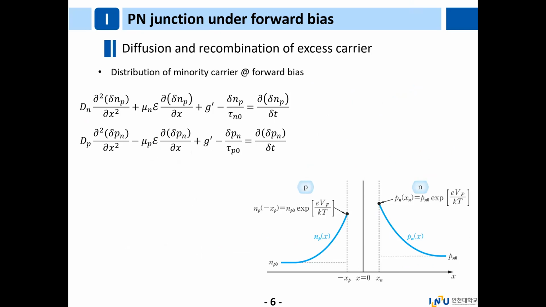Crossing the junction, the majority carrier is injected to the other side, looking like this, and accumulates, accumulates in this way, right?